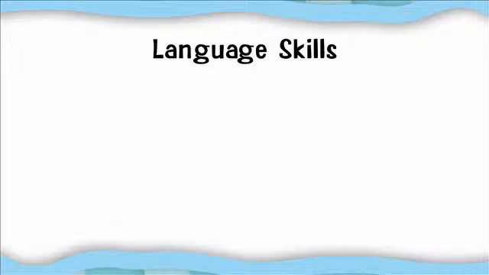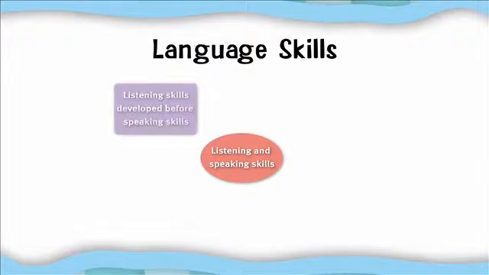Let's talk about language skills. Well, language skills are divided into two major groups: reading and writing, and listening and speaking. Listening and speaking skills: in Best Friends 2, emphasis has been given to developing listening and speaking skills. Through listening to English, young learners are naturally led to speaking.